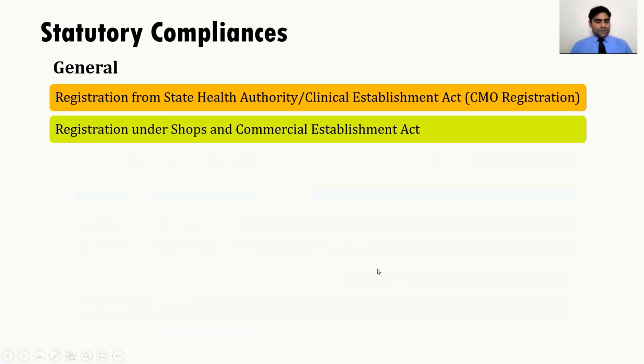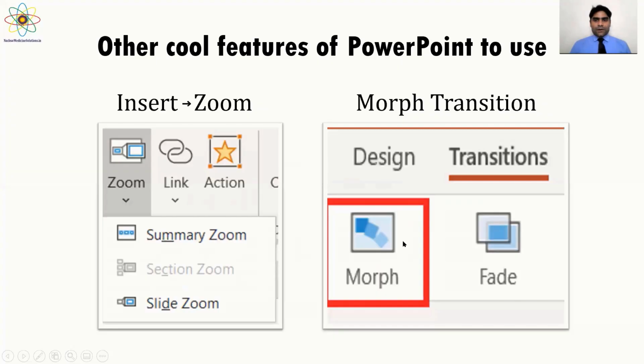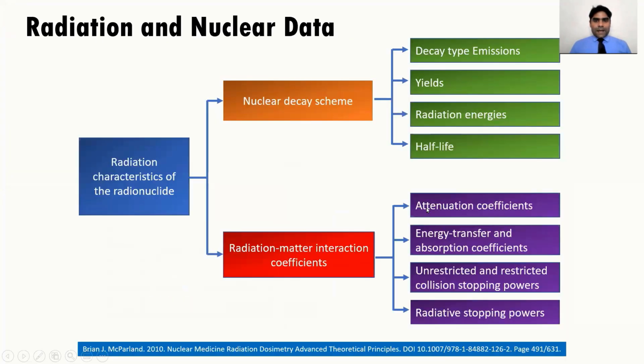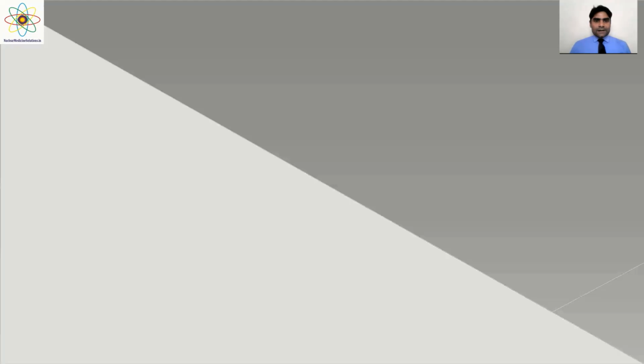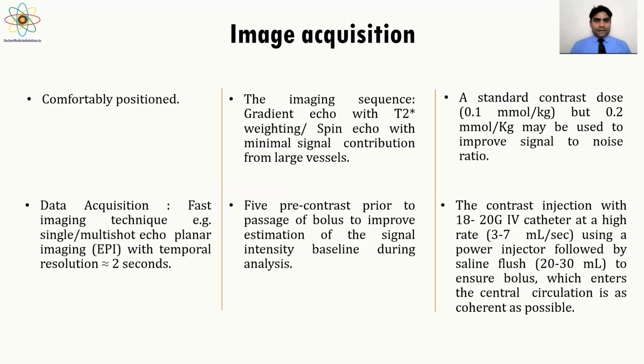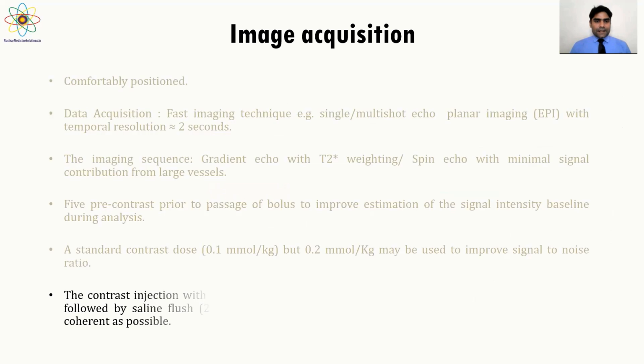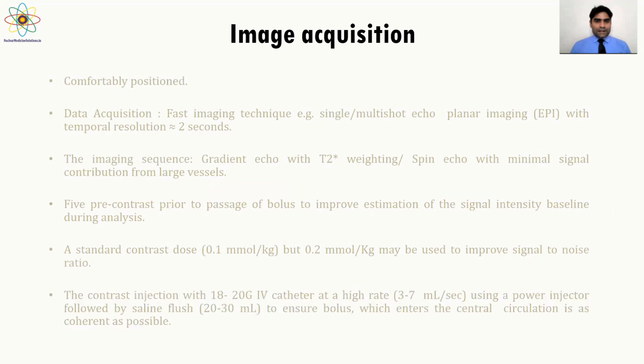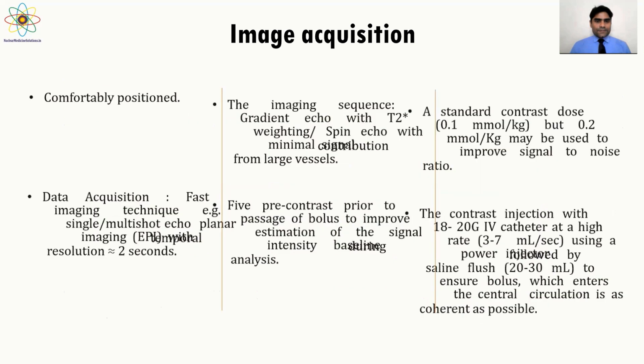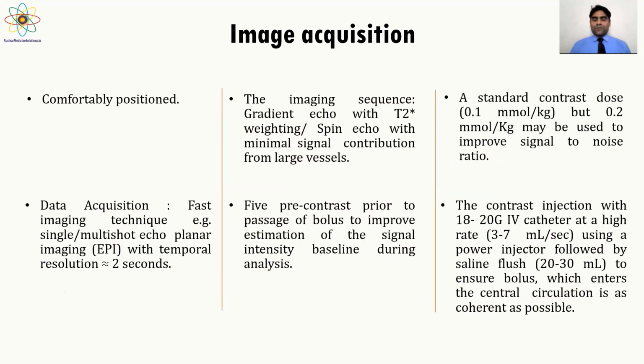Let's go back to the presentation. Now coming to the morph transition. A few slides back we did this one, and from this point the slide changes to this. This happened just because of this morph transition.